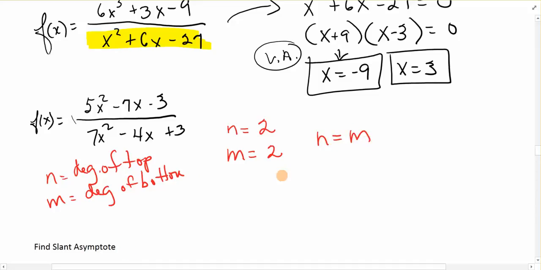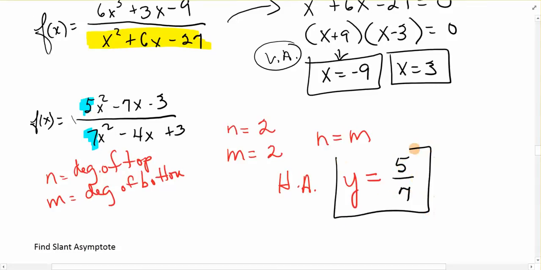your horizontal asymptote is y equals, go get the coefficients of the top and the bottom. Y equals 5/7.